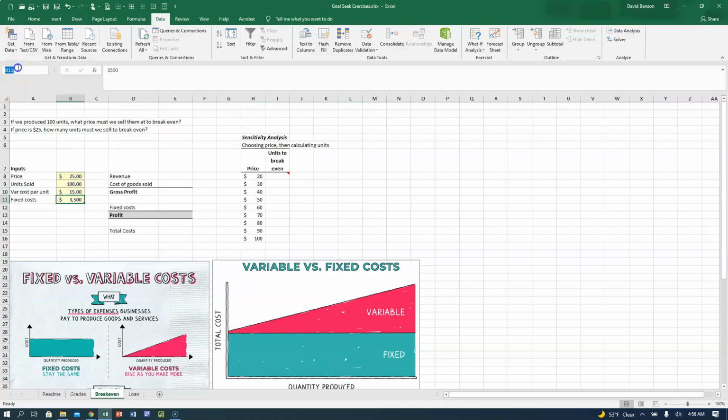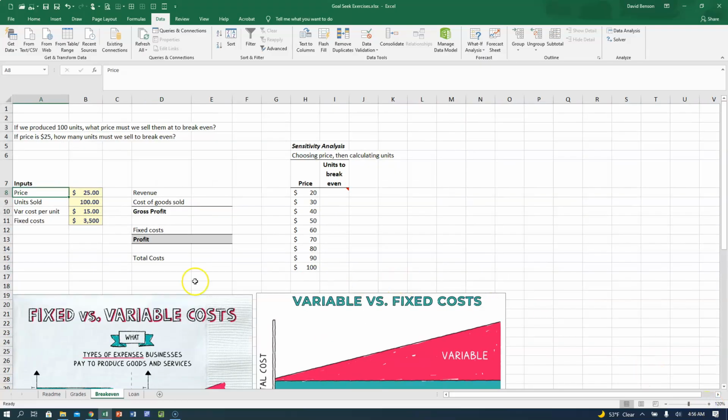And then this one I'll call fixed costs. So I've got 4 of these. I've got sales price, fixed costs, units sold, and variable costs. I'll make this a little bit bigger. That makes it easier to see.